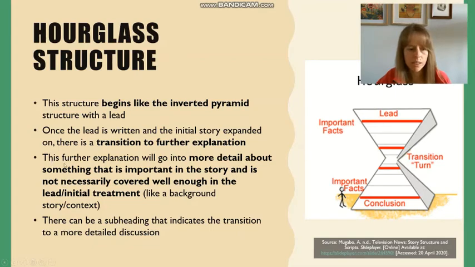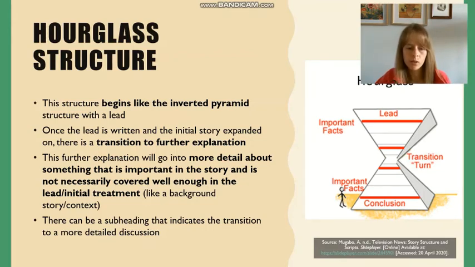Okay, so I've written here, this further explanation will go into more detail about something that is important in the story and is not necessarily covered well enough in the lead or the initial treatment. So it's going to go into detail with another part of the story that wasn't necessarily covered in the lead or the first half of the story. Okay, so something else that is really important.